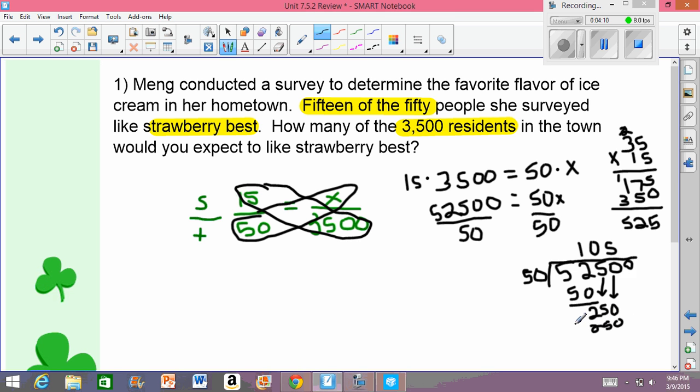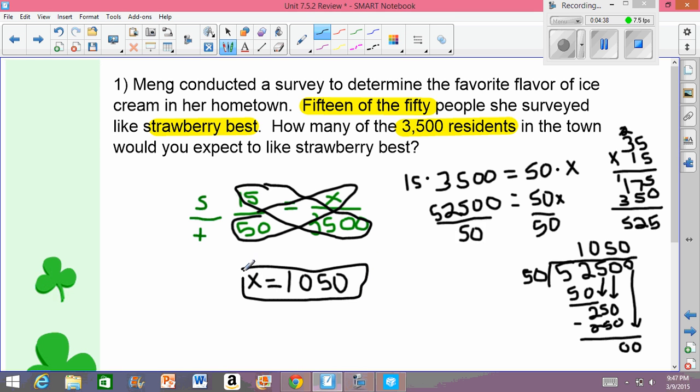So I have 0 left. But remember, we still have that 0 up at the top that we would need to bring down. So that means we need to add a 0 up here at the top. So our answer is that we would expect 1,050 residents to like strawberry. So x equals 1,050 people. And that is our final answer for problem number 1.